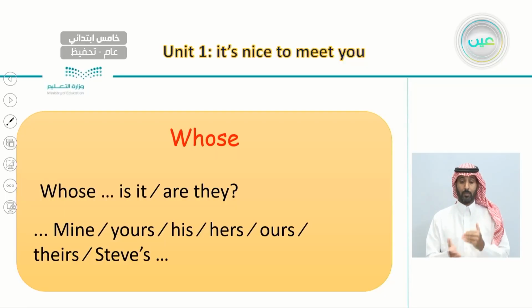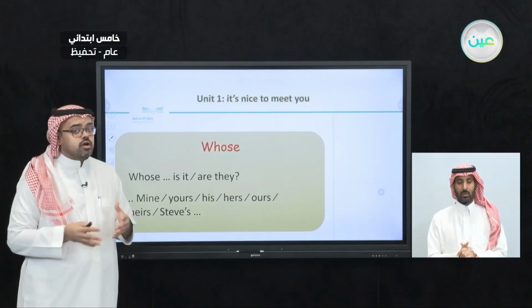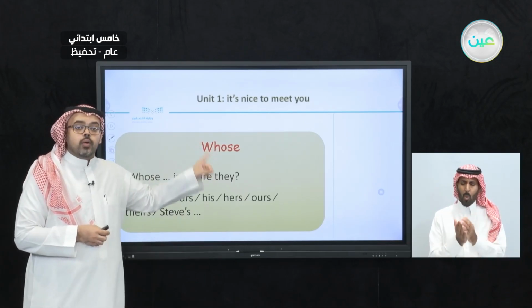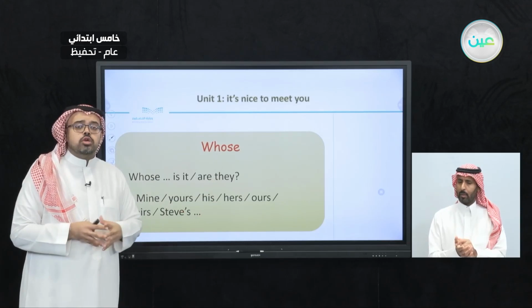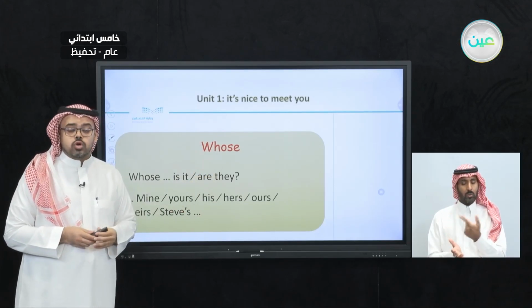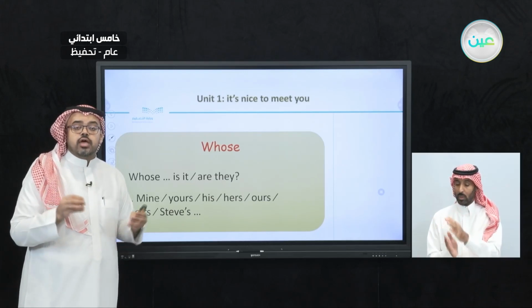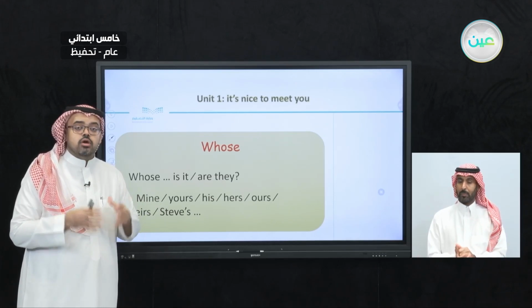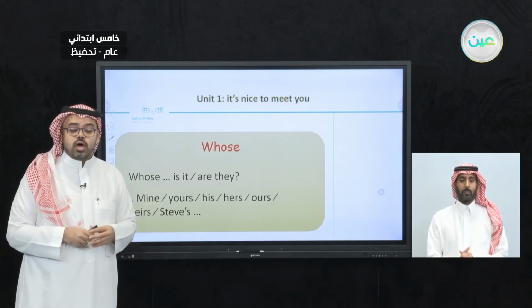Now on page 5, we're going to learn a very important question. And this question starts with whose. We usually use the word whose if we want to know who is the person responsible for different objects.